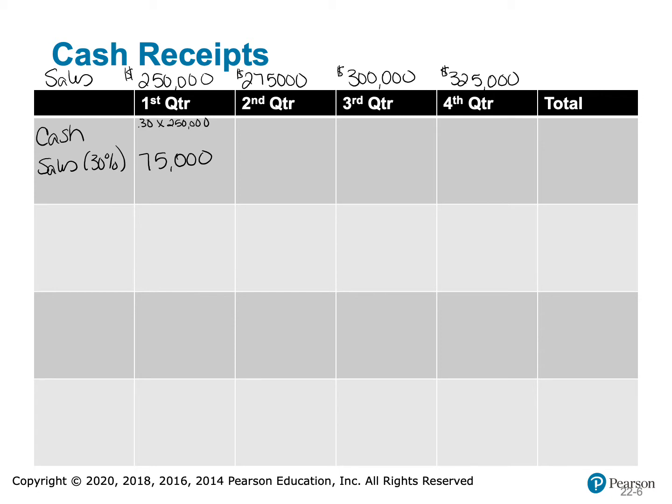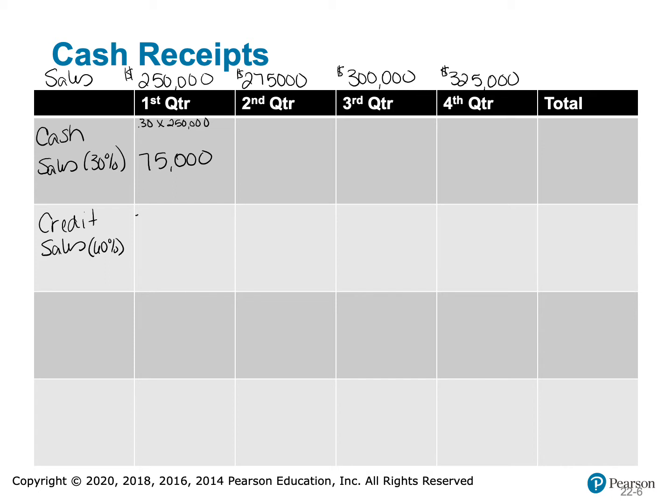Okay. So of those 175,000 of credit sales, we expect to receive 60% in the same quarter of sale. So I'm going to label that credit sales, and that's 60%, but it's 60% of the credit sales.